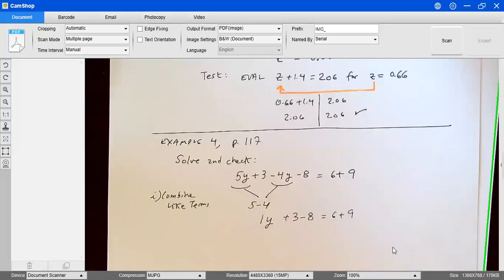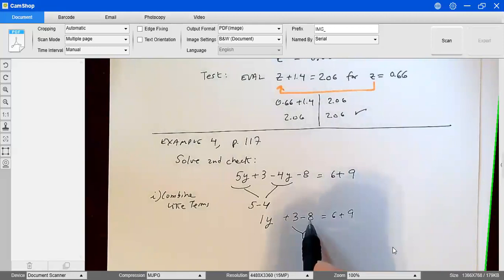Now we're going to combine the constant terms. On the left-hand side, we have these two. If you combine them, you get 3 minus 8. You subtract 8 minus 3 is 5, and keep the sign of the number with the greatest absolute value, so negative 5.